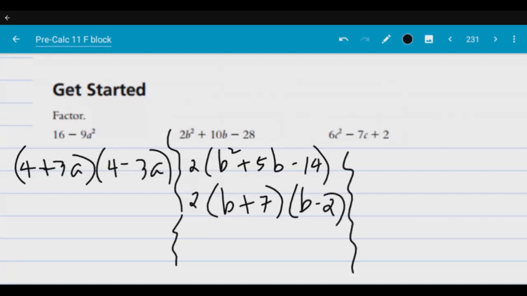Okay. So this one, 6c squared minus 7c plus 2. Some of you might be able to quickly do it in your head, but if you cannot, that is probably going to make you go into decomposition, wherein the AC value, A times C, and your A would be 6 and your C would be 2. The AC value would be a 12.